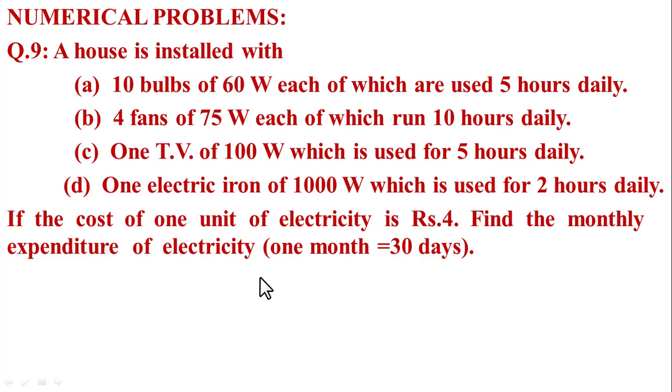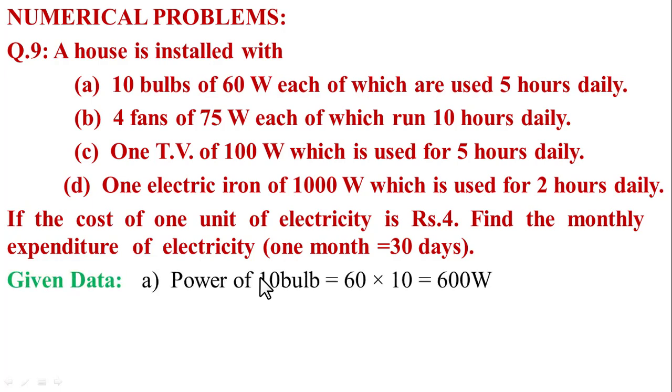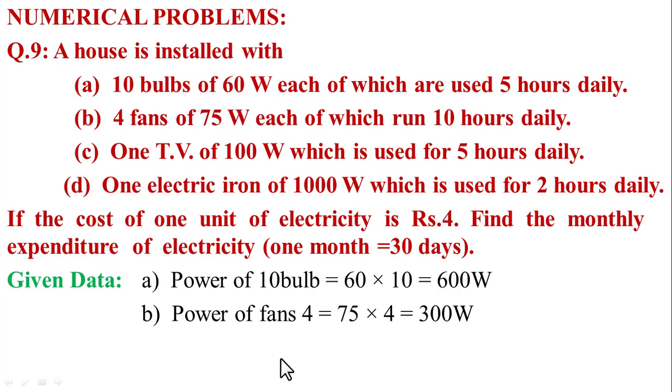First of all, according to the statement, we can write the given data. Power of 10 bulbs is equal to 60 multiplied by 10, that is equal to 600 watt. Now in B part, power of 4 fans is equal to 75 multiplied by 4, that is equal to 300 watt.